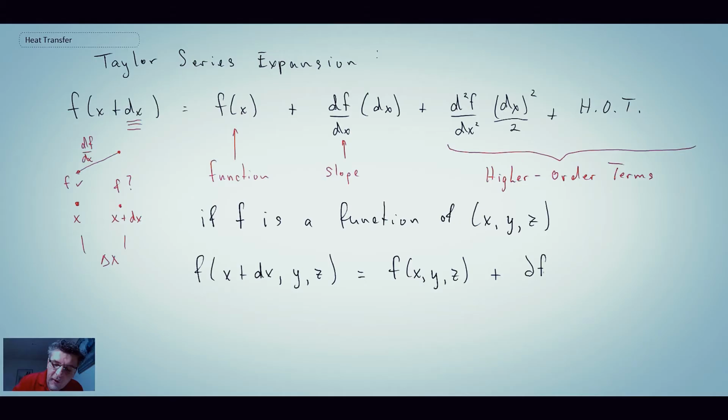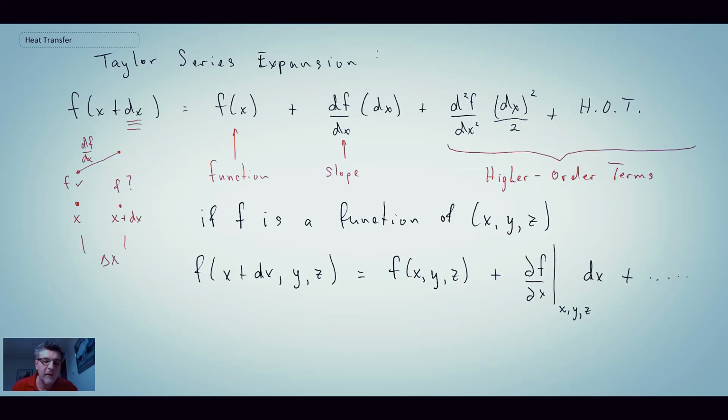But then your slope is going to be the partial derivative, because you're just interested in the slope in that one direction. And then we would have the higher order terms up there.